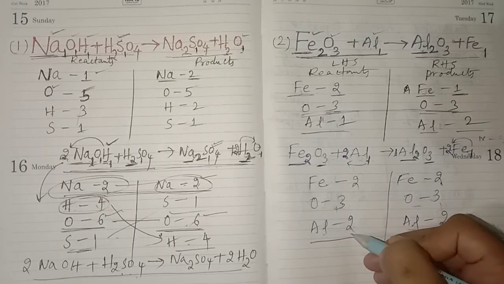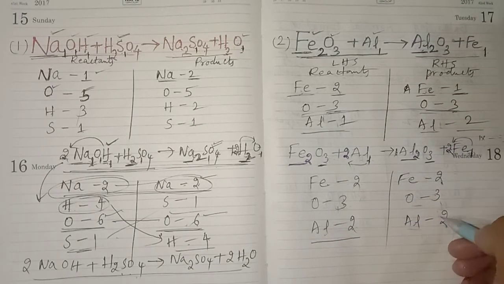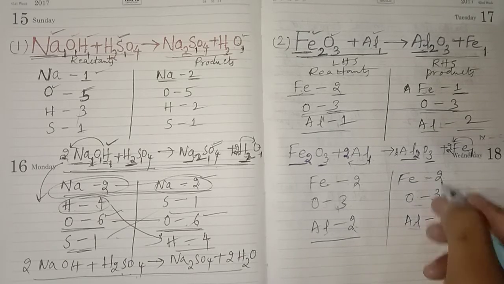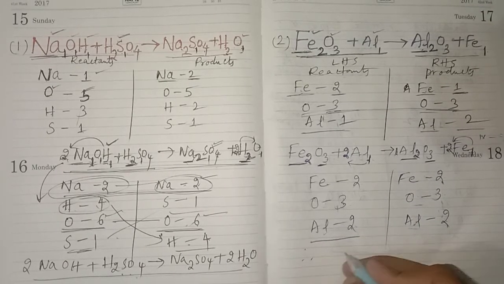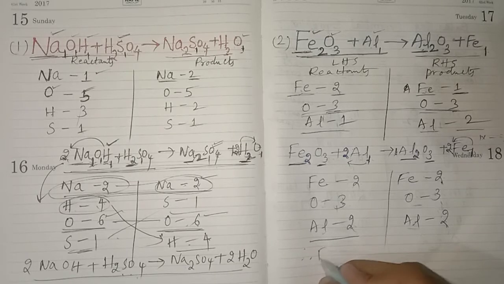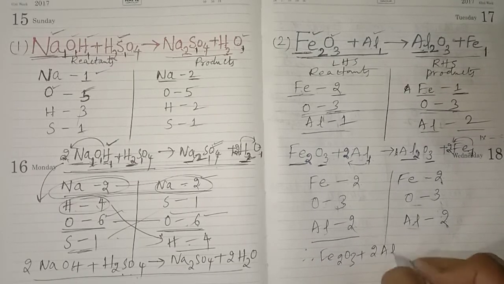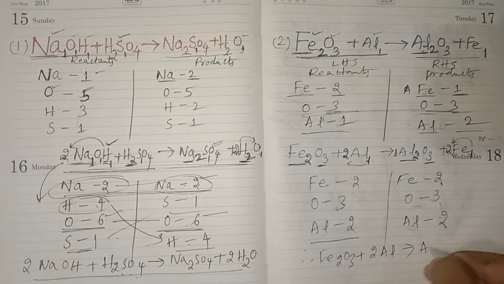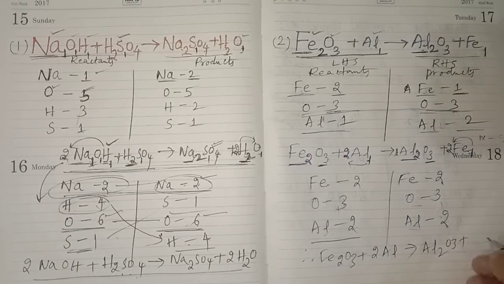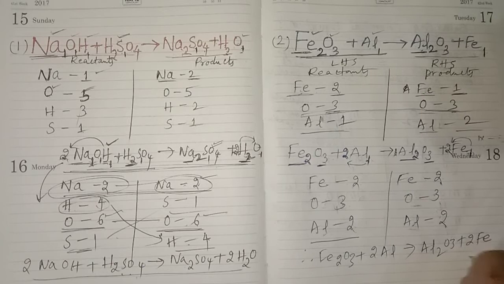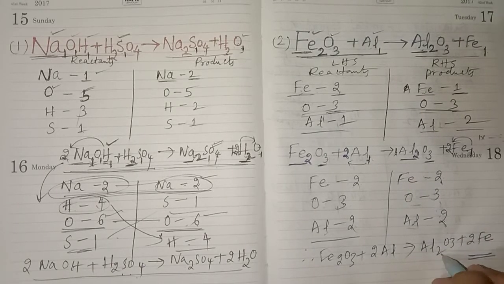The number of atoms at reactant side is equal to the number of atoms at the product side. Therefore, what is our balanced chemical equation? Fe2O3 plus 2 aluminium, which gives Al2O3 plus 2 Fe. This is the required balanced chemical equation.